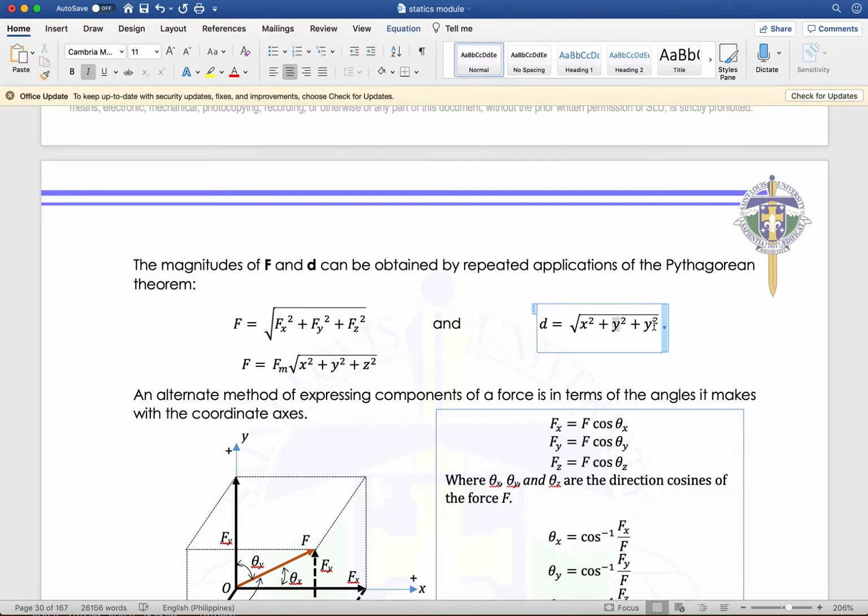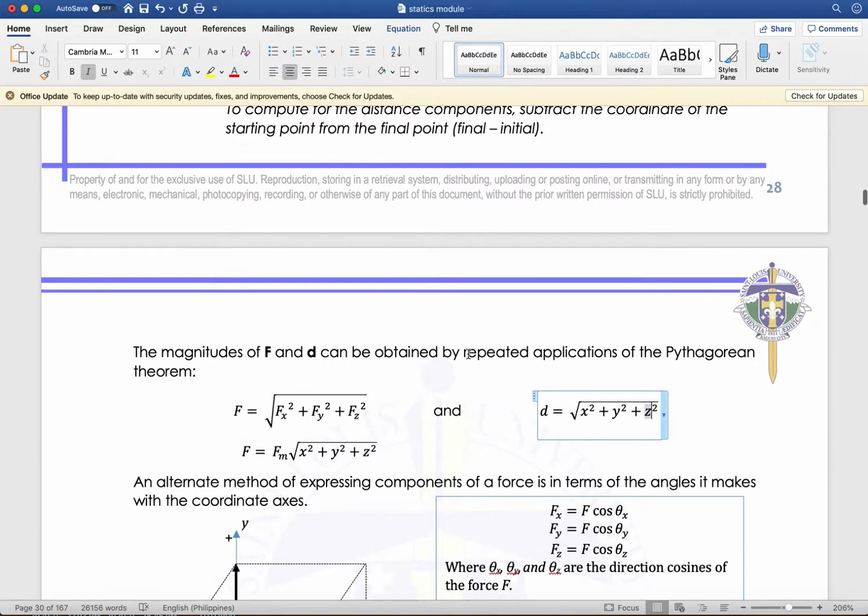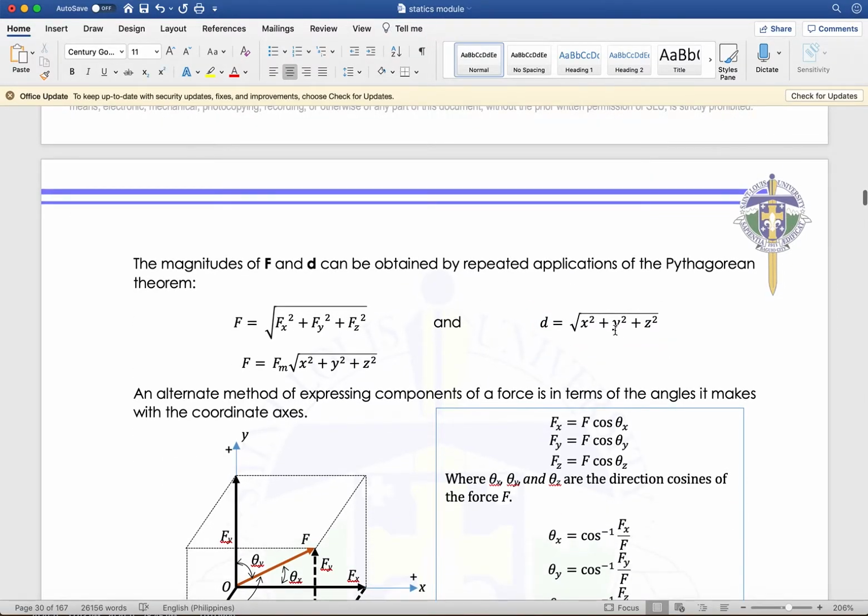Then for the d, it is the same. D is the distance, so we have x squared plus y squared plus z squared.